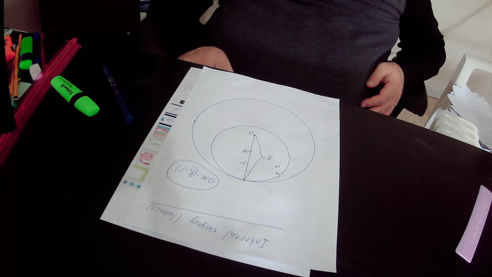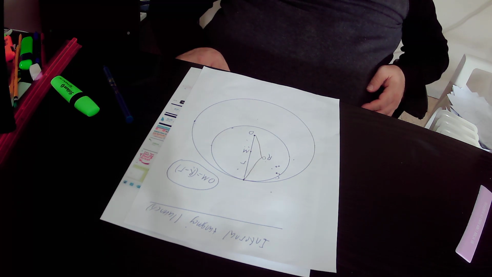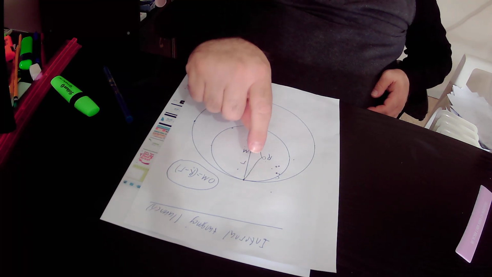And the distance between the centers of two circles, when you have the internal tangency between them, will be equal to the difference between the lengths of the radii. In this case, it will be equal to capital R minus small r.